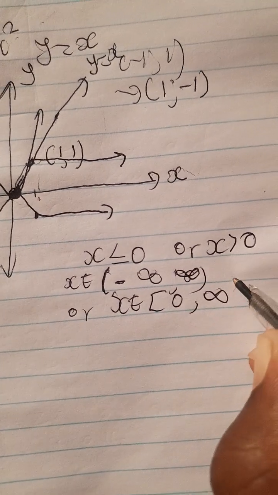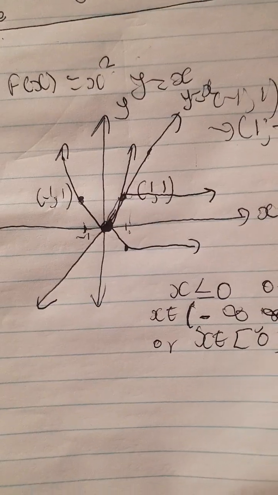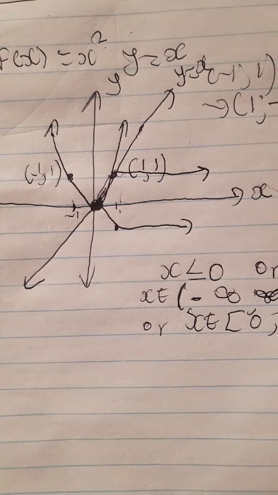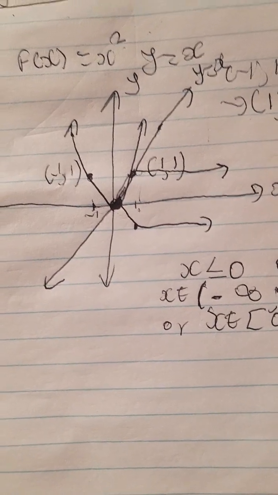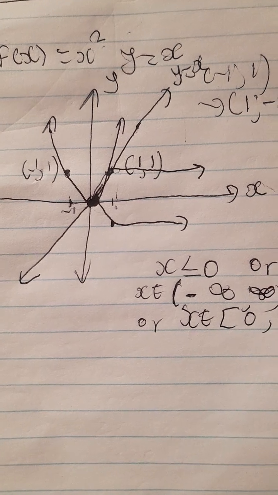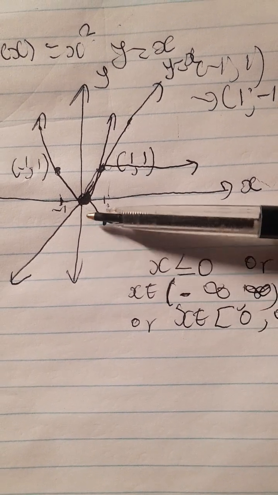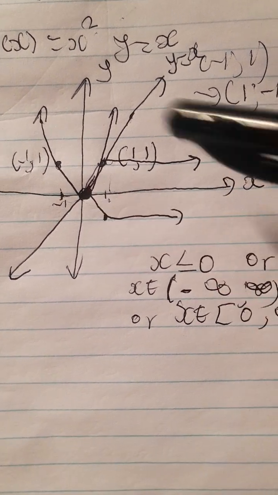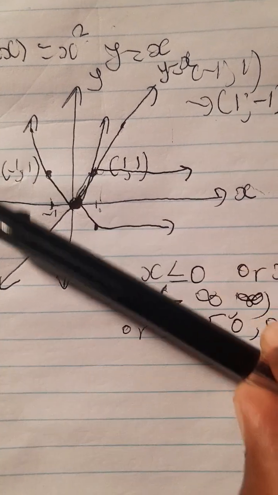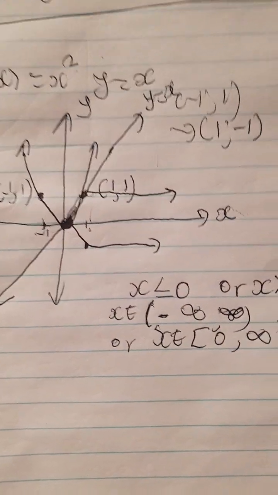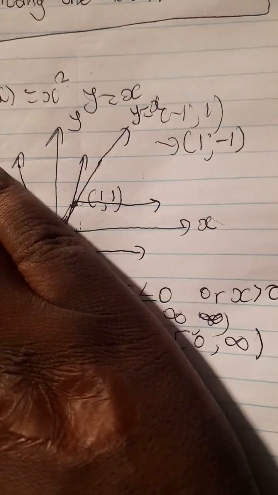Okay, then yes, this is how you're going to have it, the restriction. So which arm can we cut? If we cut off this arm, guys, can you see what we are left with?